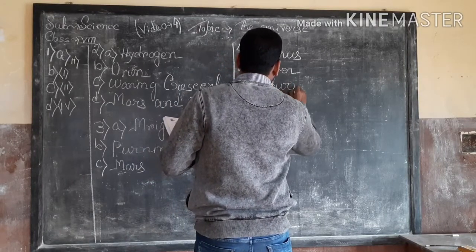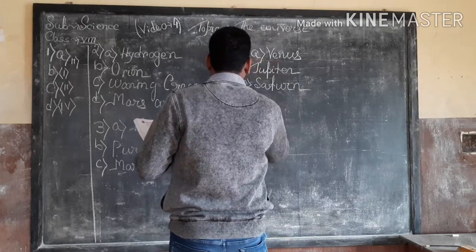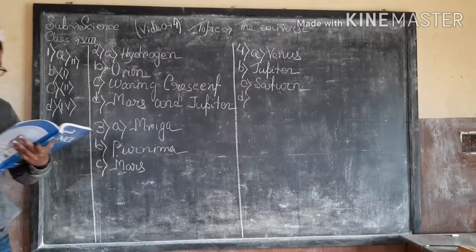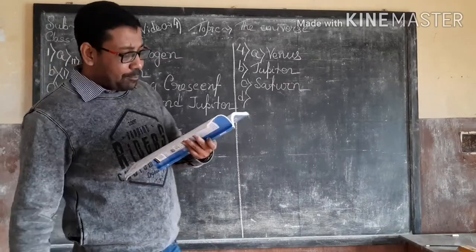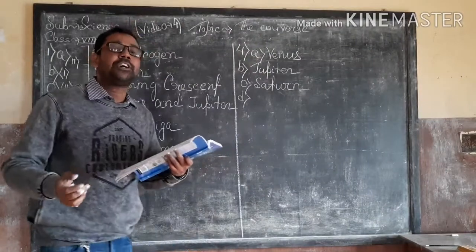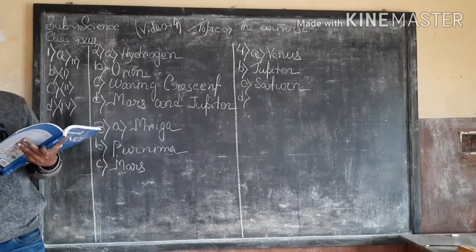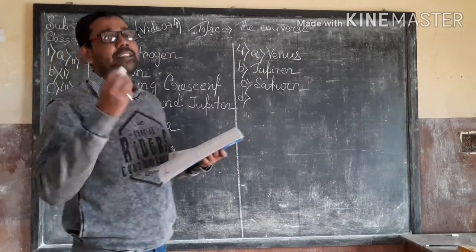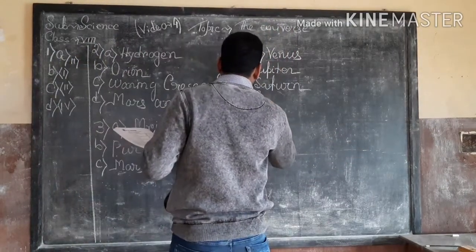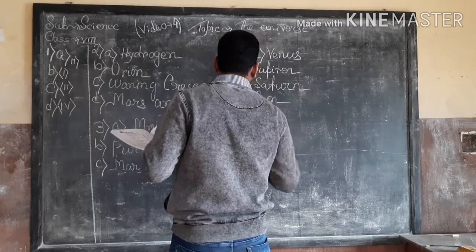Saturn. The moon's gravitational pull keeps the planets in their orbits. It is also false because the sun's gravitational pull keeps all the planets in their orbits. So for 4D, the right one is sun.